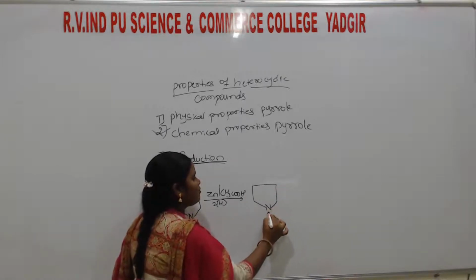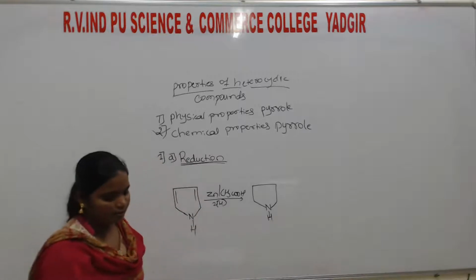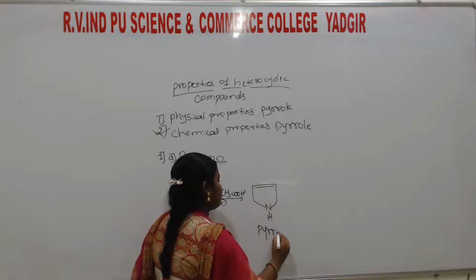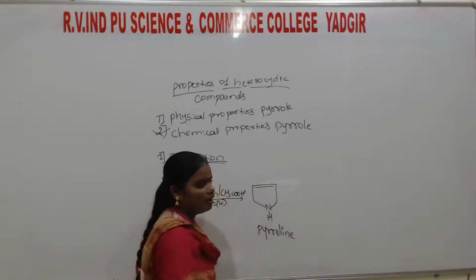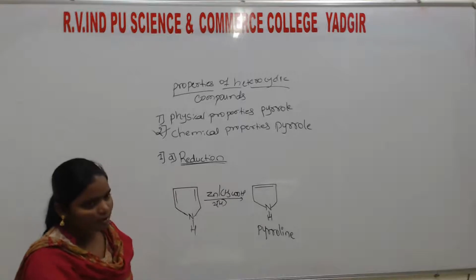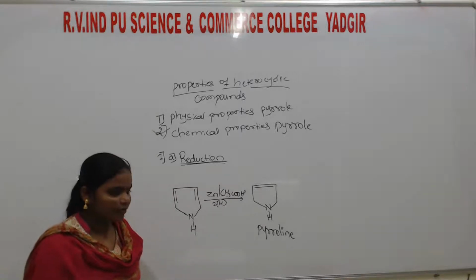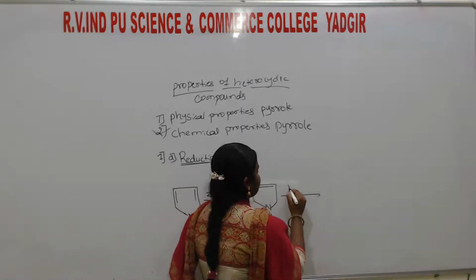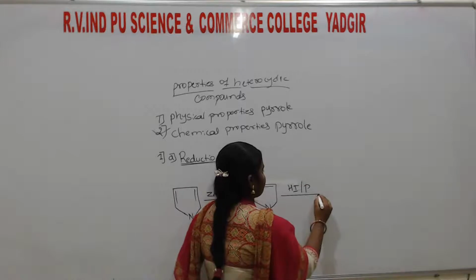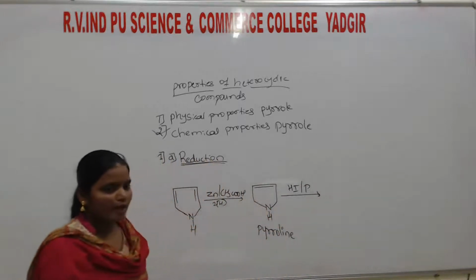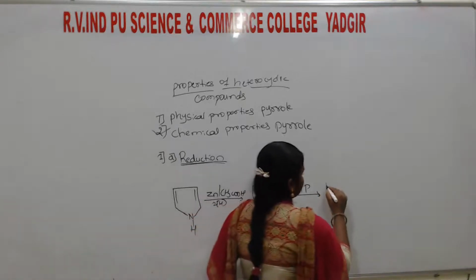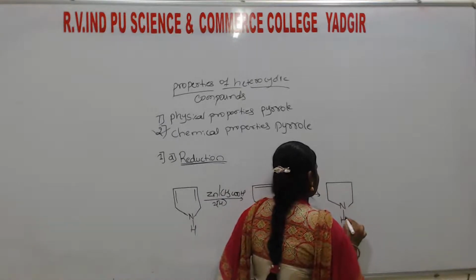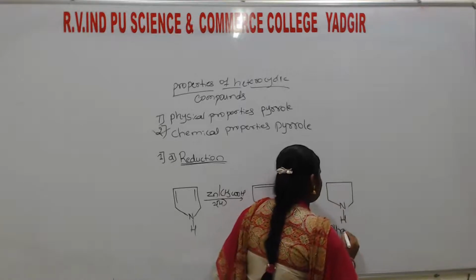This is pyrroline. And then on heating with hydriodic acid and red phosphorus, HI and phosphorus, it forms pyrrolidine. This is pyrrolidine.